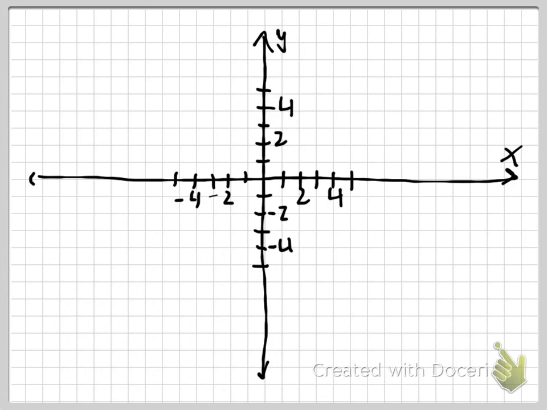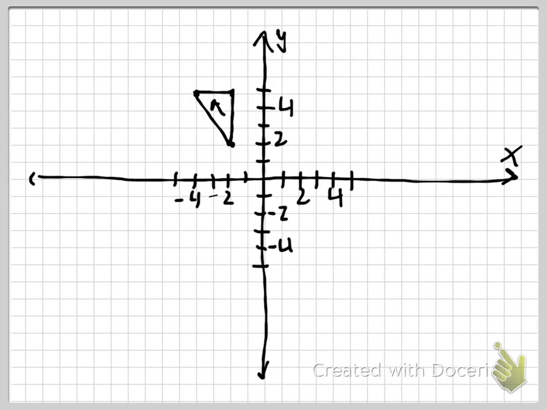So A's at negative 2, 2. And we go negative 2, 5. And negative 4, 5. What kind of triangle is that, by the way?